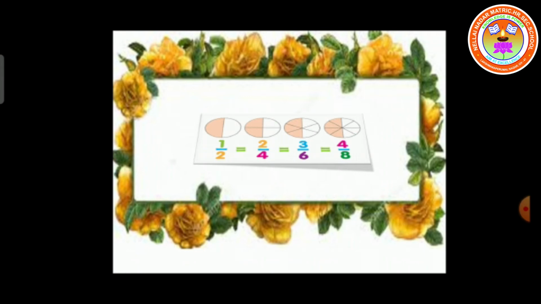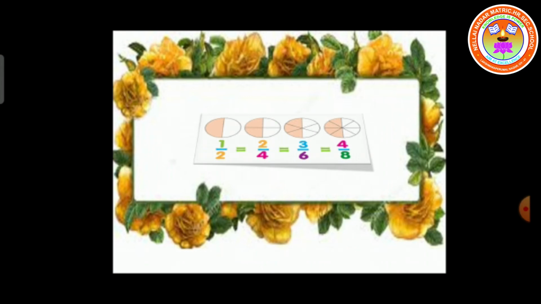The third circle is divided into 6 equal parts, but 3 parts have been shaded, so it is 3 by 6. The fourth one is a circle divided into 8 equal parts, but 4 parts are shaded. So I can say 1 by 2 is equal to 2 by 4 is equal to 3 by 6 is equal to 4 by 8.